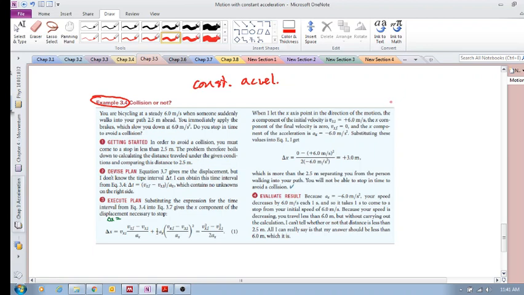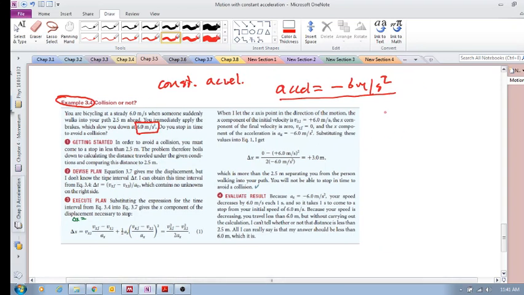Okay? So, when I don't know what to do, the first thing I look at is, well, I see that my acceleration is constant. Oh, my acceleration is minus 6 meters per second squared. So I know I've got a constant acceleration, so that means I'm able to use these equations.